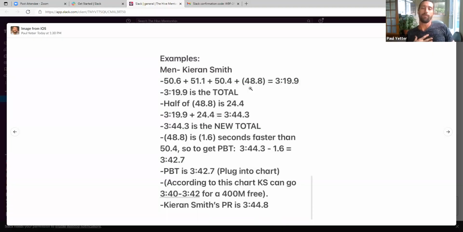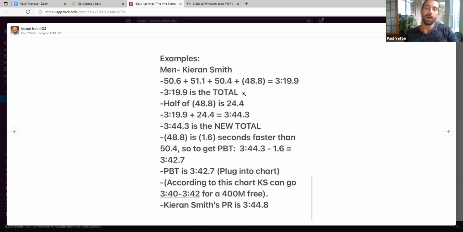For the quick math, I just know 50 times 4 is 320. So I just add up tenths: 0.6, 0.1, 0.4 is 1.1. So it's 1.1 over 320, and then 48.8 is 1.2 under 320. So I figured it's 319.9. So I just do the quick math like that. So 319.9 is the total.